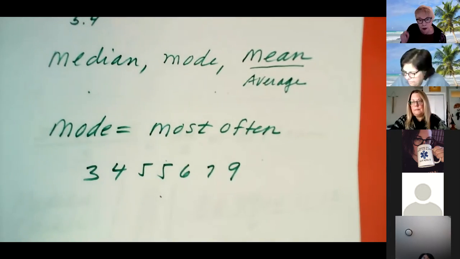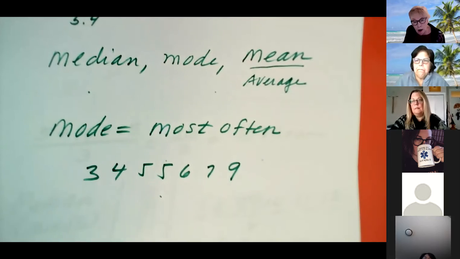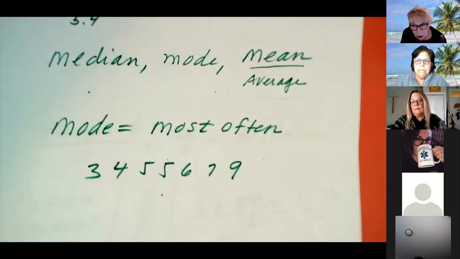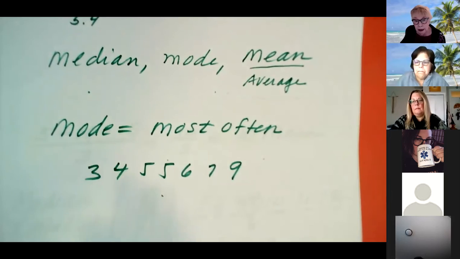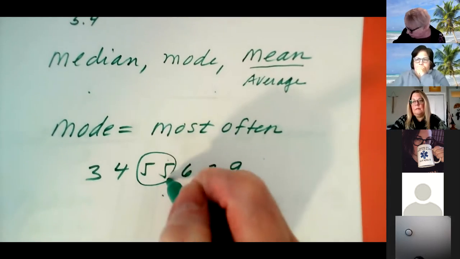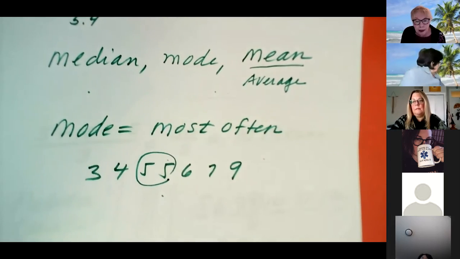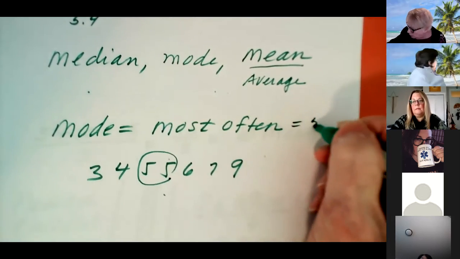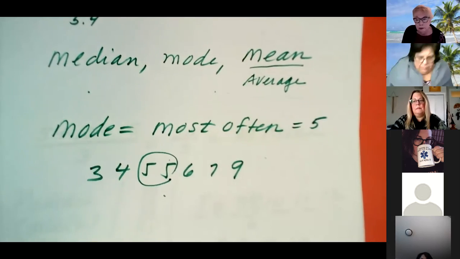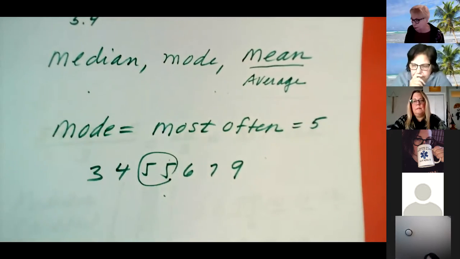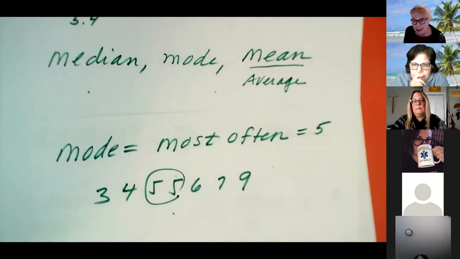If you had all your numbers in a row, and then all of a sudden there's a number that's appearing a lot for whatever reason, that's the mode. Whatever appears most often. So your answer would be, the mode is 5. Sometimes you don't have one, but that's the end of the statistics class.